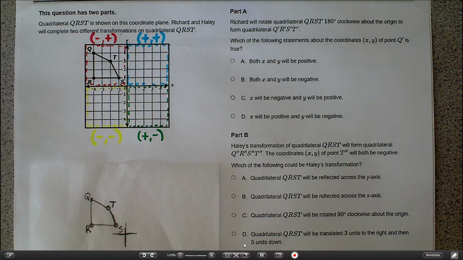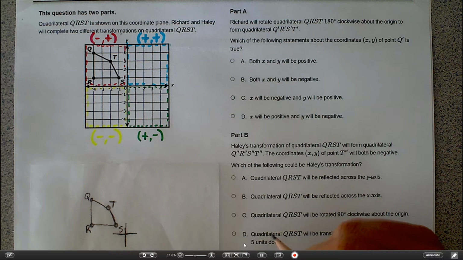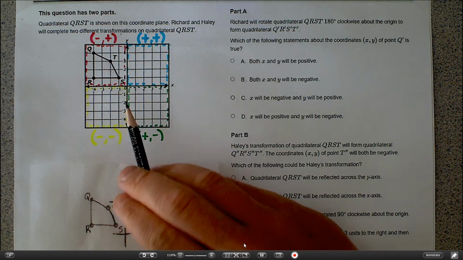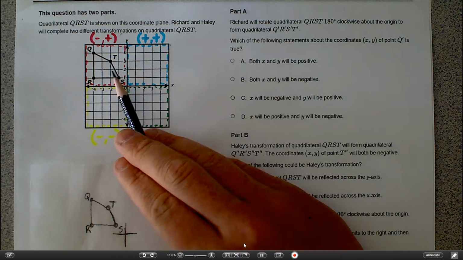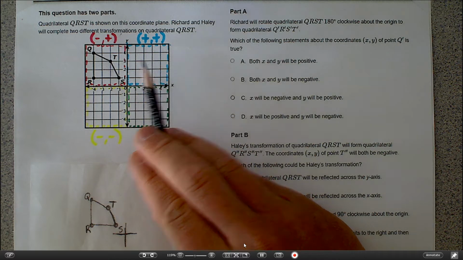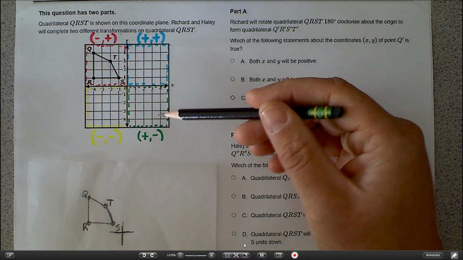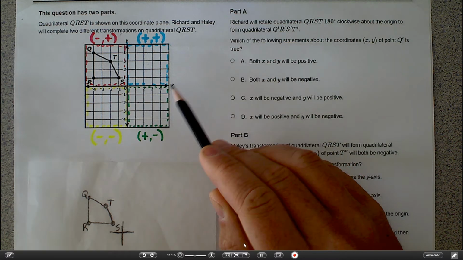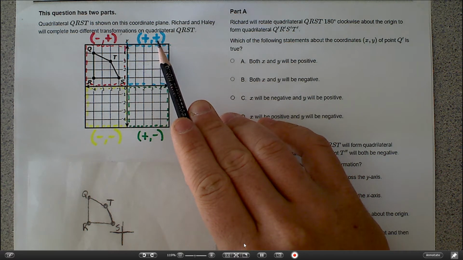So let's start by looking at what I colored in here. We haven't talked about this extensively, but we know that the coordinate plane is broken up into 4 parts: a blue part, a red, yellow, and green. In blue, the X number is positive and the Y number is positive, so this is the positive coordinate quadrant.